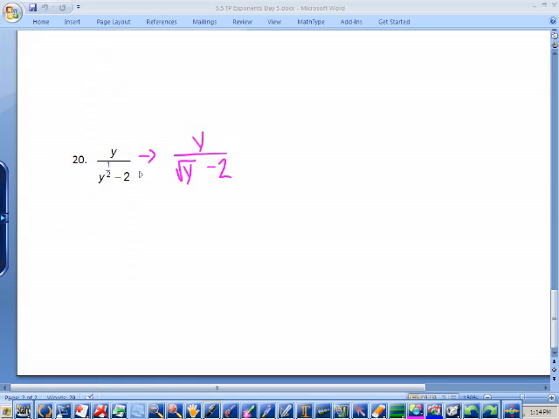You're not just dividing by y to the 1/2. So what do I need to do here? Multiply by the conjugate. What is the conjugate? Root y plus 2. All right, go ahead and finish that one out for me. Distribute.